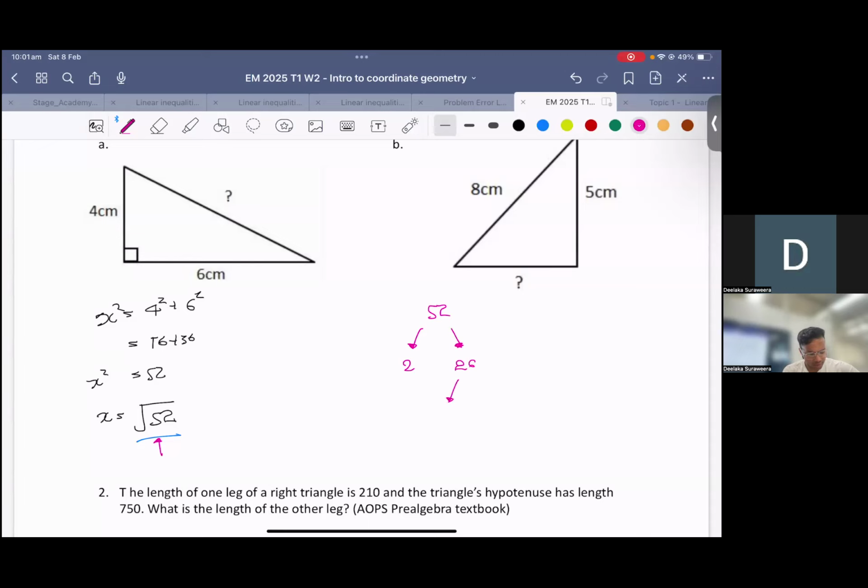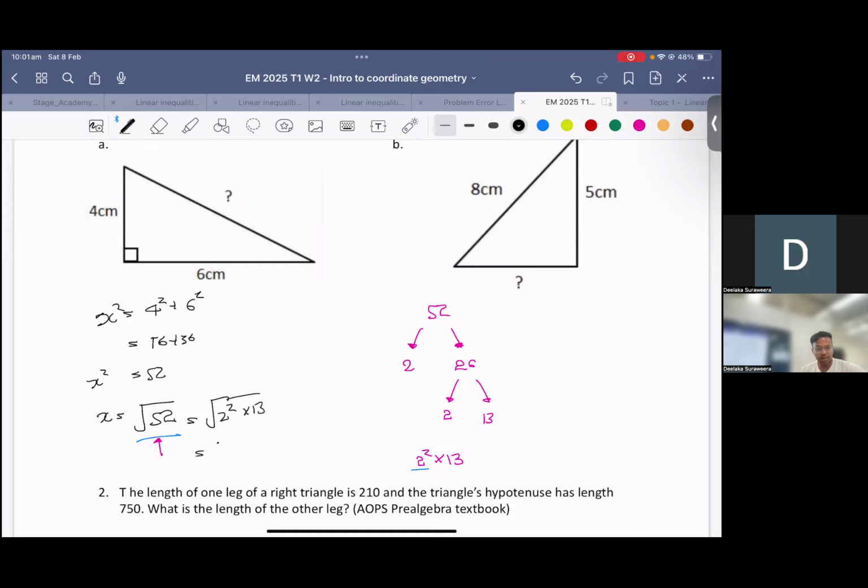Break it down even more: 2 and 13. It's 2 squared times 13, the prime factorization. You see the square then? 2 squared.